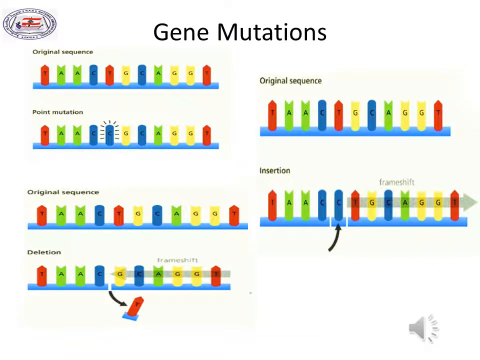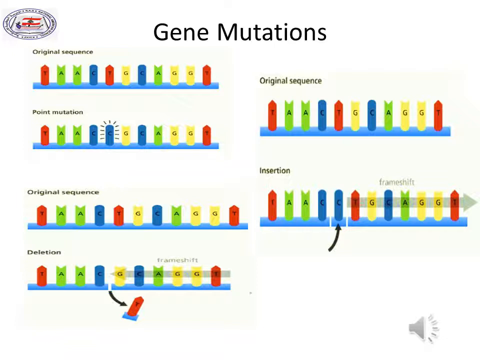We have already discussed substitution. Now please look at the second sequence to the right. Take your time and inspect. See how cytosine is inserted after the fourth base and how the frame shift is moving forward. This sequence started with 11 bases, and after insertion, they became 12.